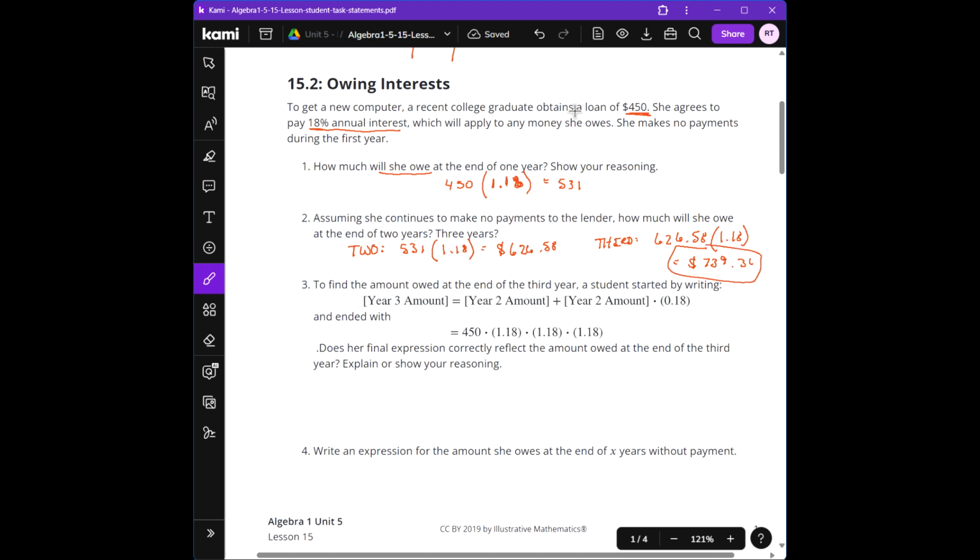So that's our third year, here's our second year, and here's our first year.